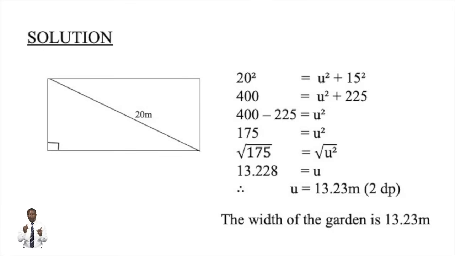So u therefore is equal to 13.23, since we have been asked to leave our answer in 2 decimal places. Therefore, the width of the garden is 13.23 meters.